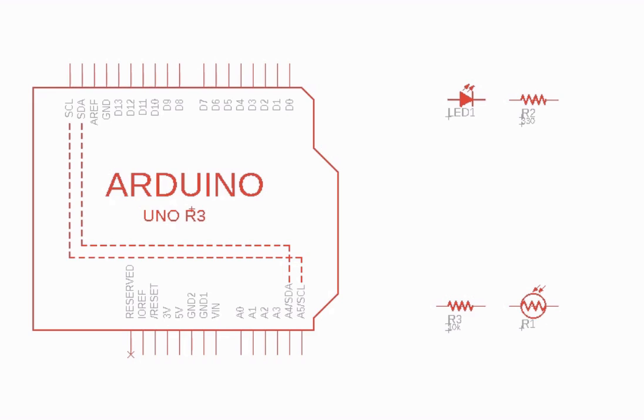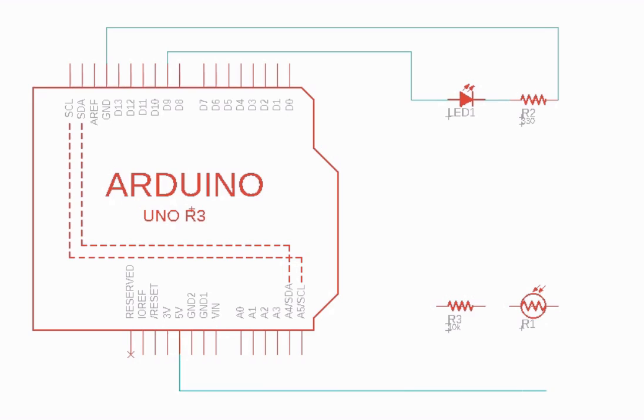So if we start hooking everything up, we'll start with the output side, and port 9 is going to connect to our output LED, connect to its limiting resistor, and then that connects back out to ground. For our control side, we're going to have 5 volts out.